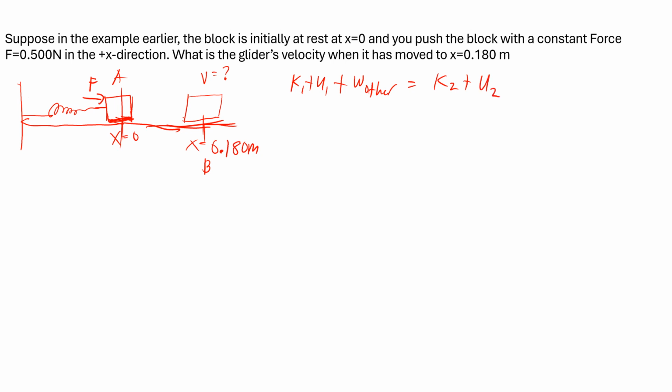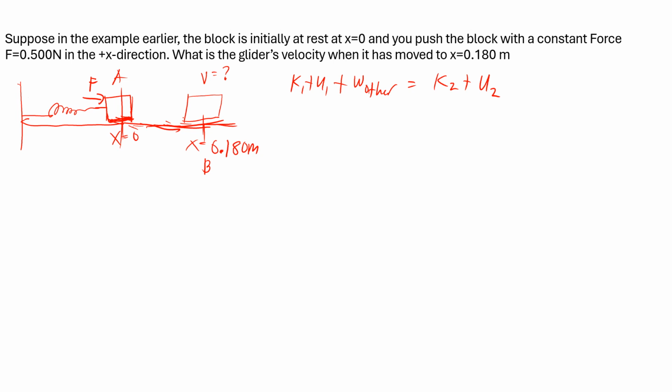It doesn't mean that when the track is frictionless, you would already make the work other zero. Take note that the W_other term here is actually the work done by all other forces.